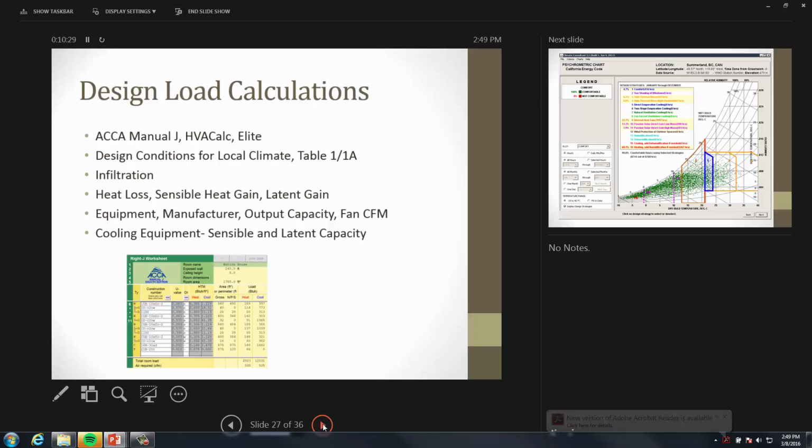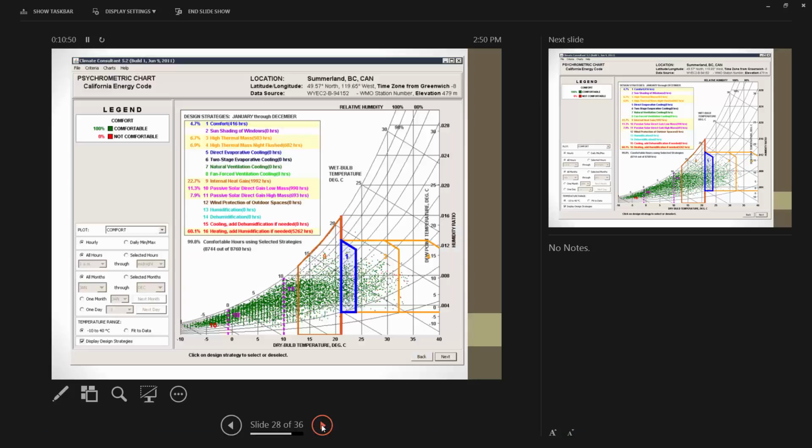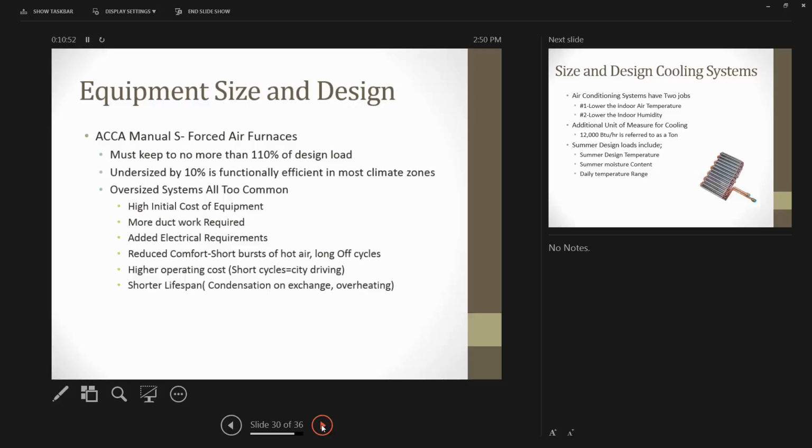Obviously, in our climate, we're not really going to have that much of a concern about heat gain. We just don't have a design temperature that we require much cooling, and so it's not going to be significantly important for us. But as you move around the country, that can change dramatically. So we went through those.